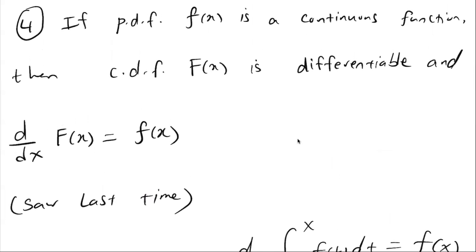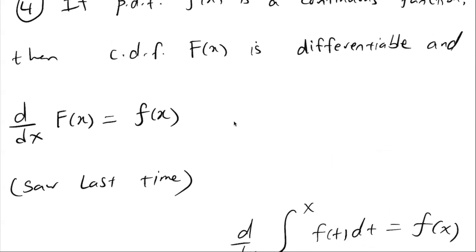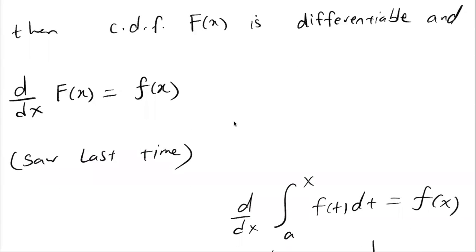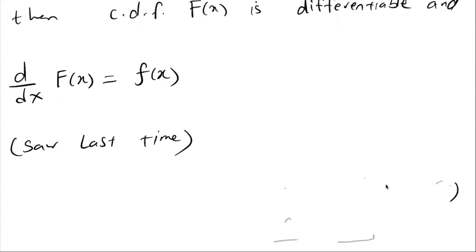Therefore, we can say that this capital F is differentiable with derivative small f if small f is continuous. In Math 114, you called this the area function. Here we are calling it the CDF, or cumulative distribution function. So this is another important property of CDFs. Now let's look at an example.